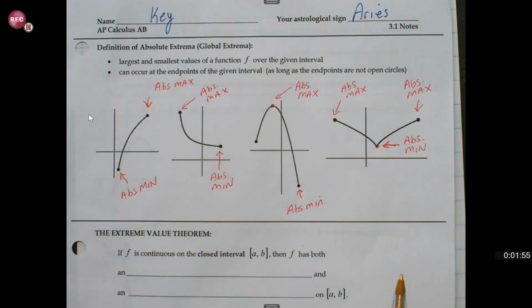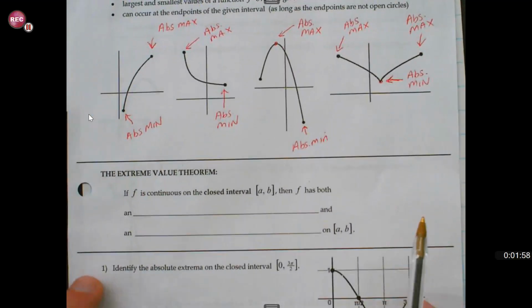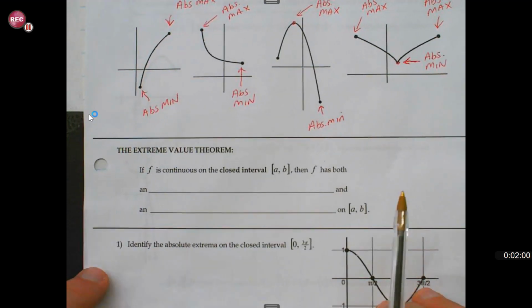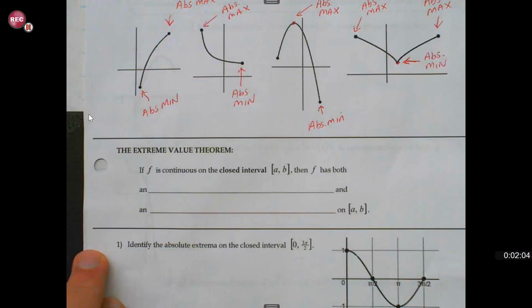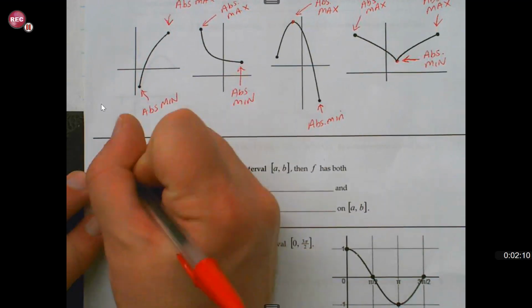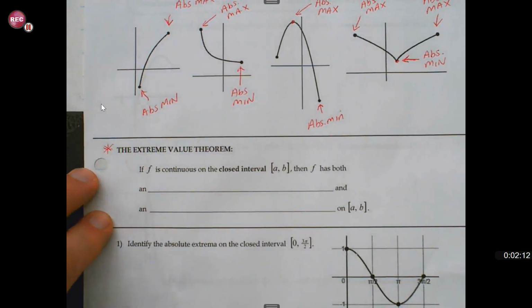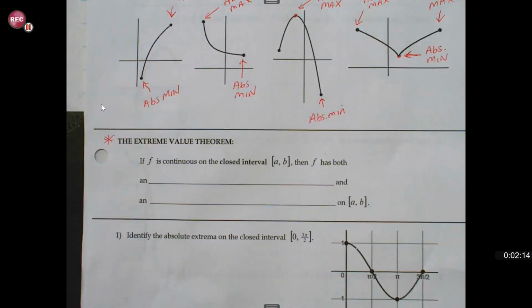All right, so this is going to take us to this next theorem. Now, on the AP test, there's a couple important theorems that they typically test you on. We already did one of them back in Chapter 1 called the intermediate value theorem. So this would be the next major theorem called the extreme value theorem.